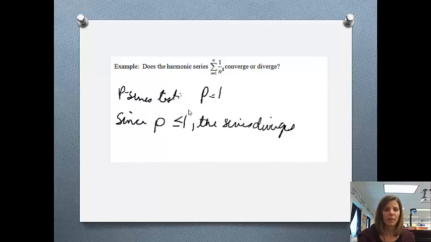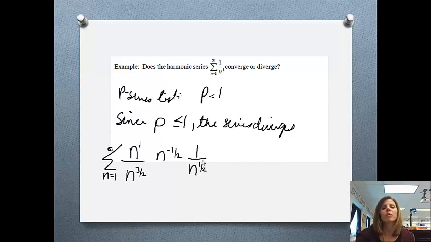Okay, I'm going to do one more example for you. Let's say I had something that looks like n over n to the 3/2. That might not necessarily look like a p-series, but since we've got an n on the top and an n on the bottom, I could actually reduce it. If I subtract those, I'll get n to the -1/2, which can be rewritten as 1 over n to the 1/2, and then you will notice this is a p-series.